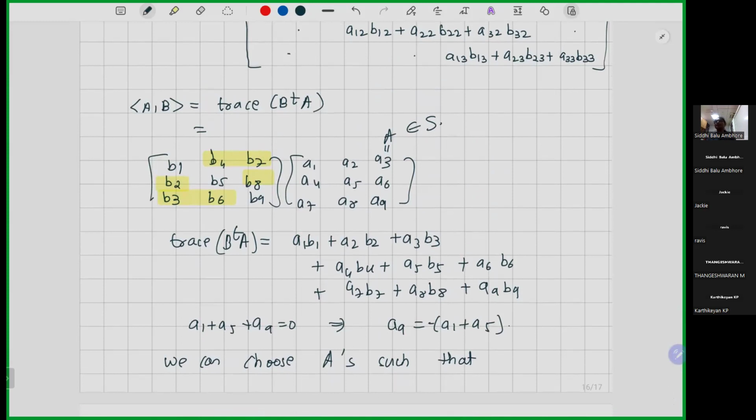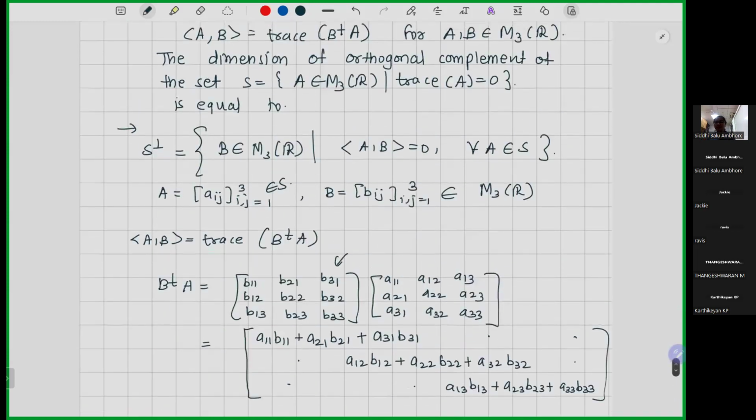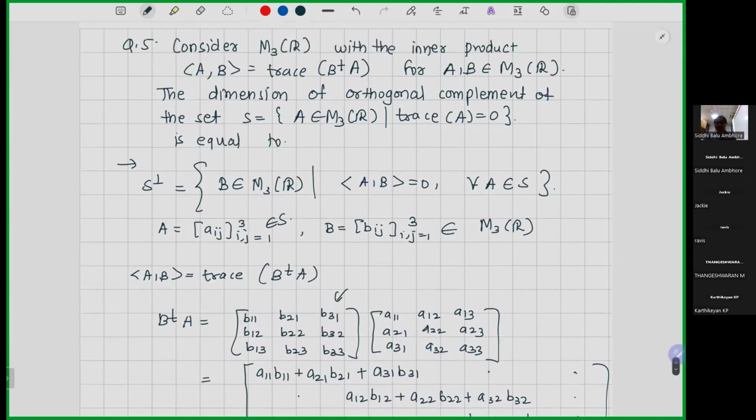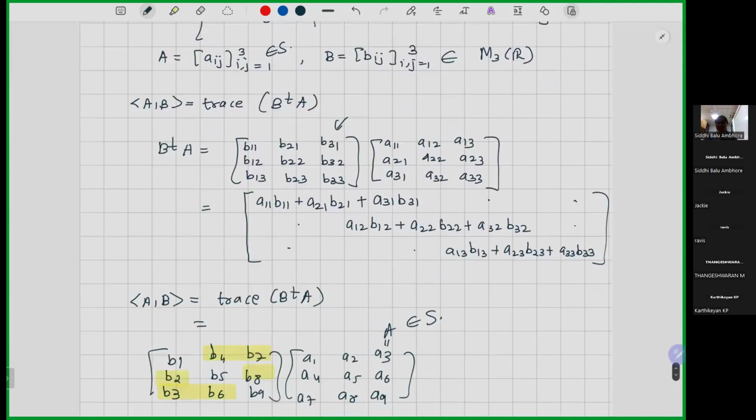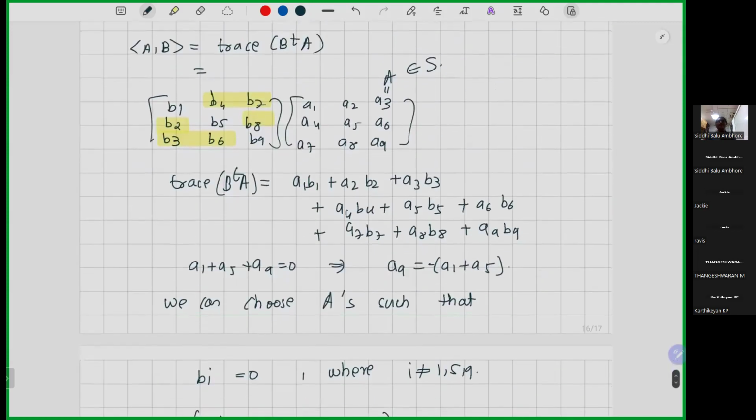And the dimension of S perp, that is the orthogonal complement of this set S, where S was 3 cross 3 matrices with trace of A equal to 0, then yes, the dimension becomes 1. Please let me know if you have any doubt. I know you have many, but we'll try to clear at least those which we can possibly clear.